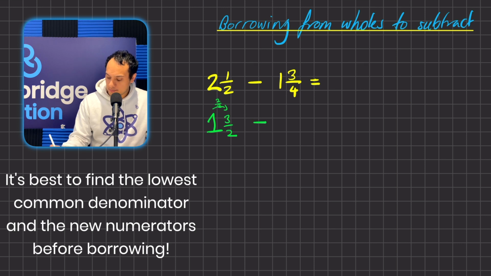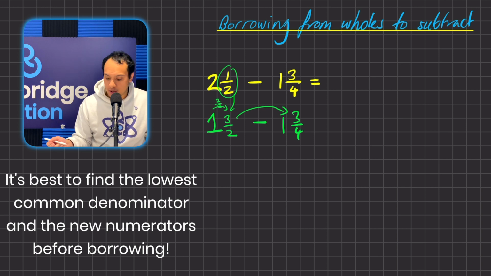Take away. And then we'll keep this one the same. So do you see how we've gone from a half, but now we're dealing with 3/2, which is bigger than 3/4? And that allows us to perform the subtraction. So now we can minus the wholes from each other. So you've got 1, take away 1.